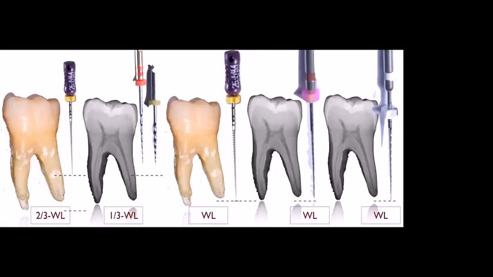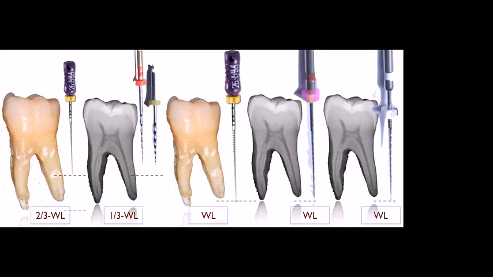So, how did we do the shaping of this root canal treatment? First, always use the 10K file to explore and negotiate the two thirds of the root canal. After that, we eliminate this coronal interference and enlarge the coronal third of the root canal with the 2506 or the 1712.